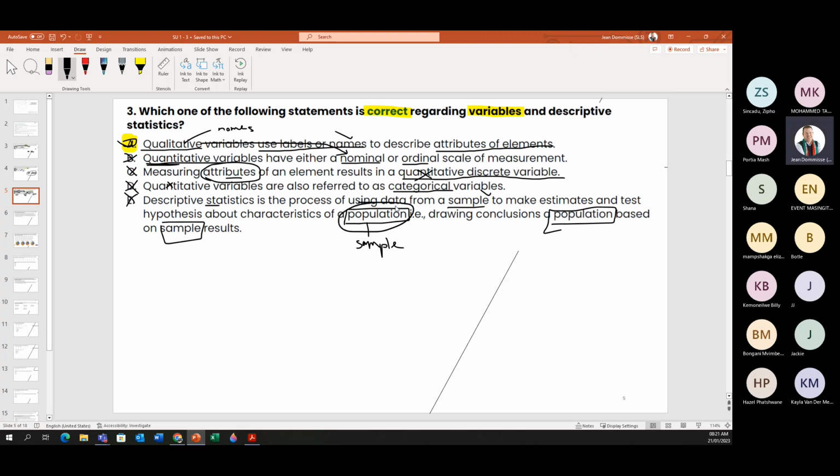So that one is the one that is wrong, because what you are doing is you're looking at the sample, you're drawing estimates on that sample to make a call on what happened in the population.